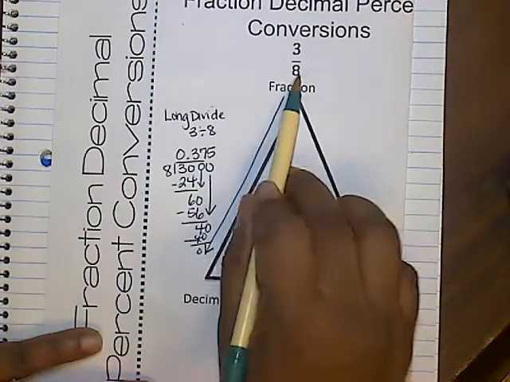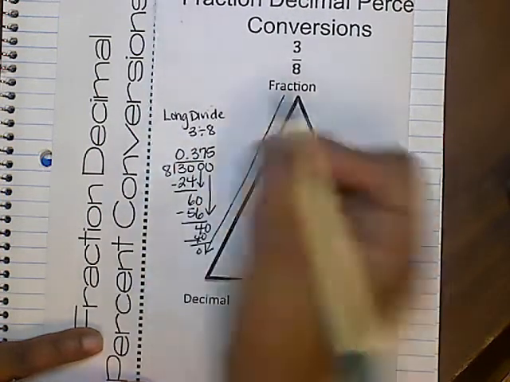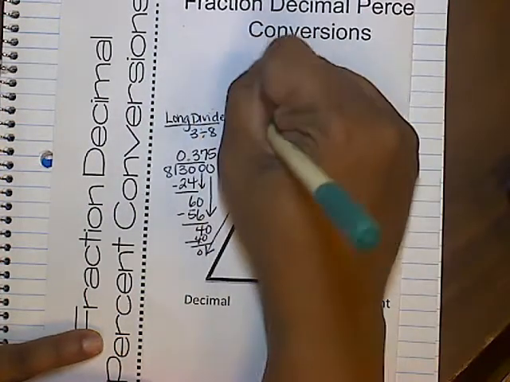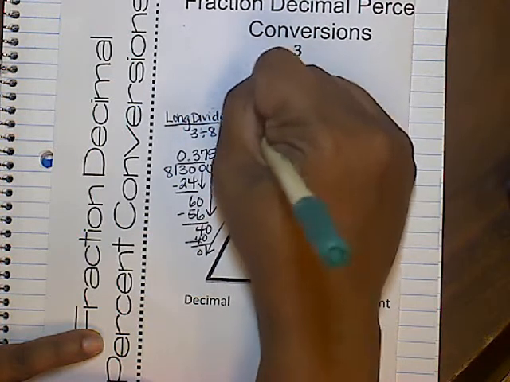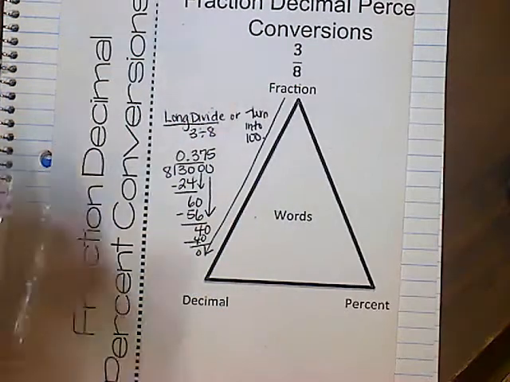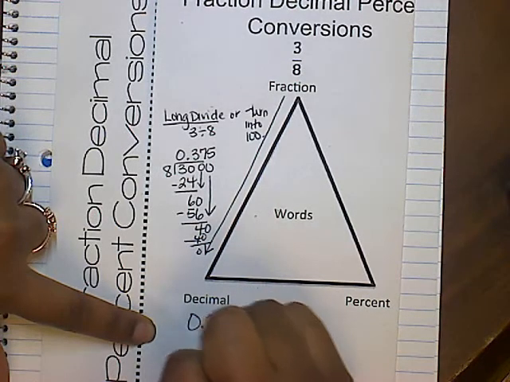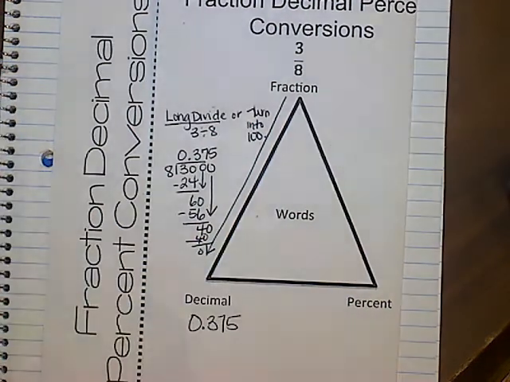So to write this 3/8 as a decimal, we had to long divide. We couldn't turn it into 100, so we long divide. And so our decimal is just 0.375.